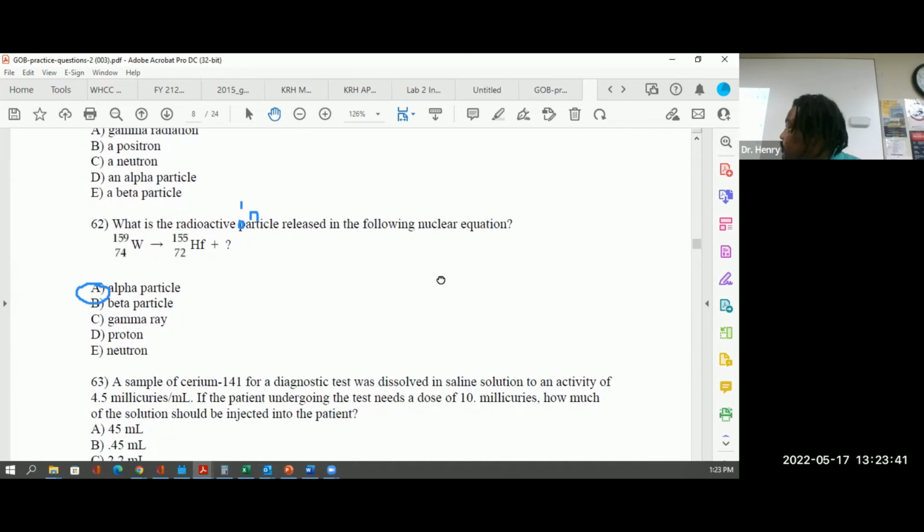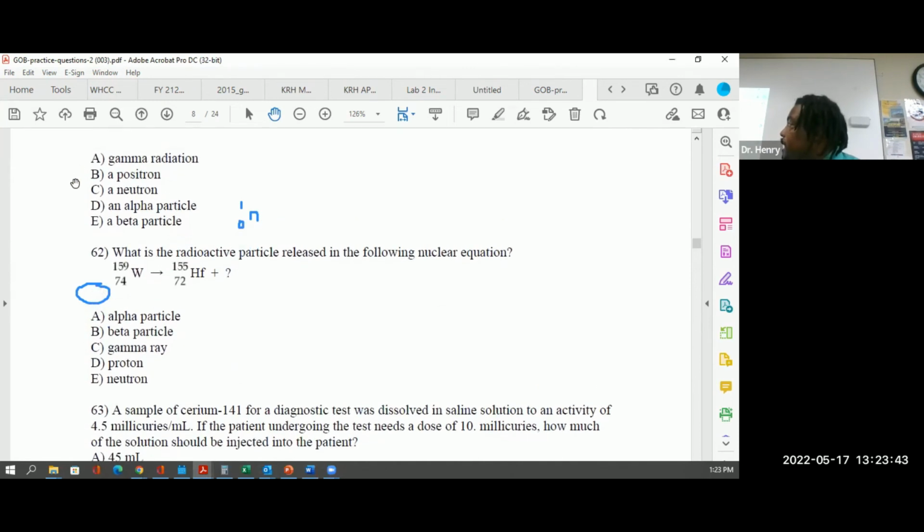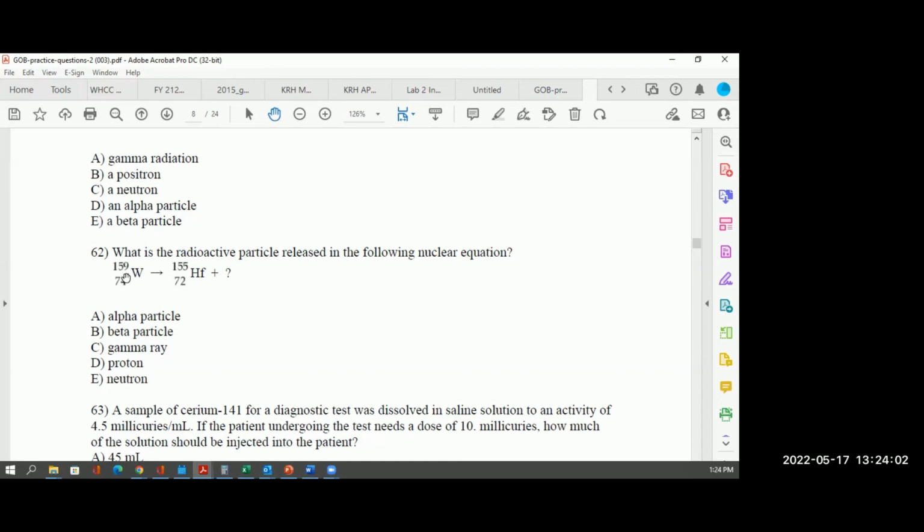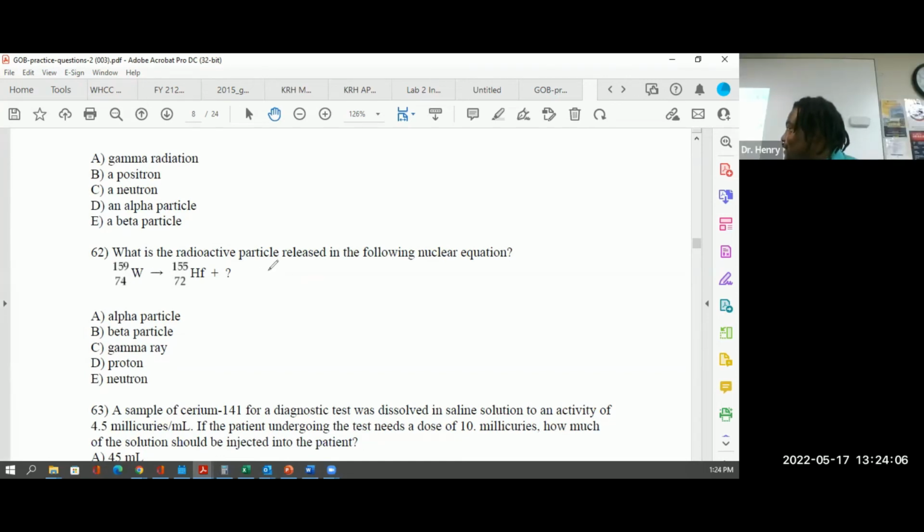Okay, number 62. So the correct answer was C for that last one. Number 62: what is the radioactive particle released from the following nuclear reaction? So what is the number that we need up top? It's 4 over 2, which we know is what?